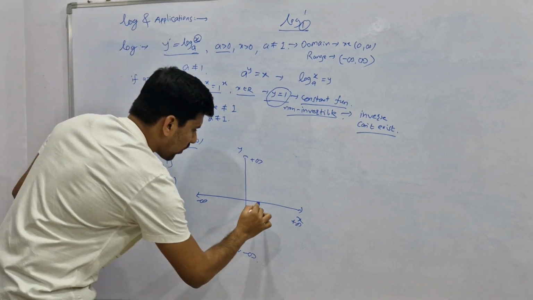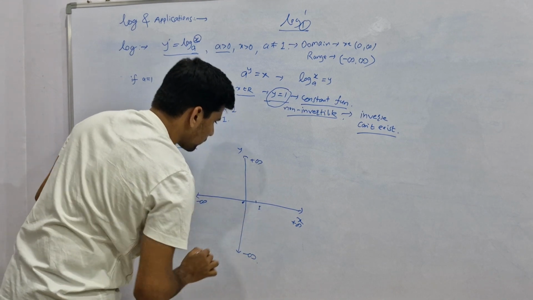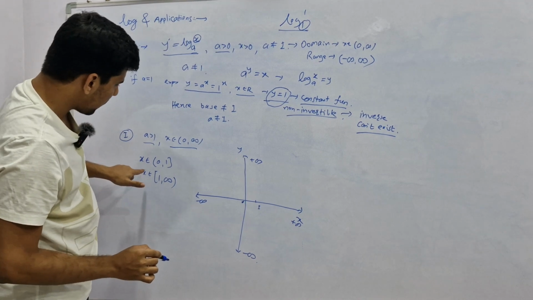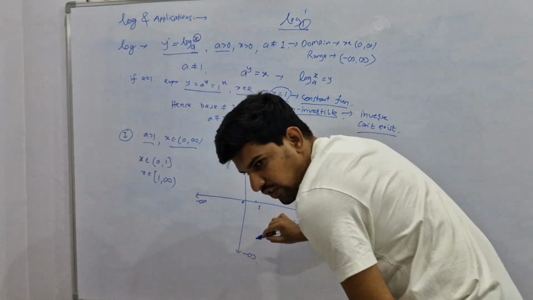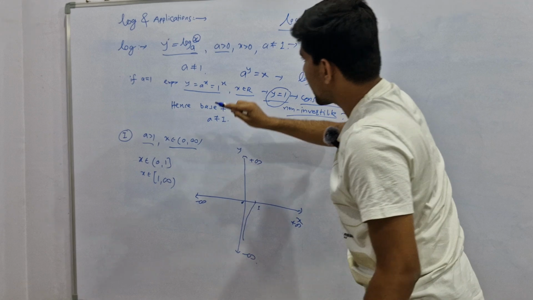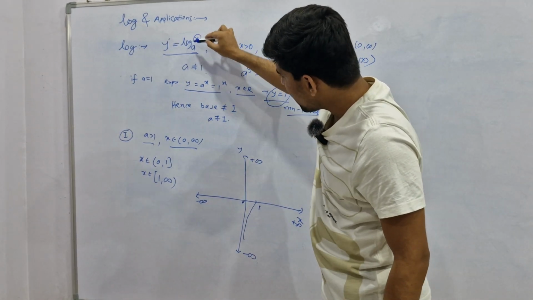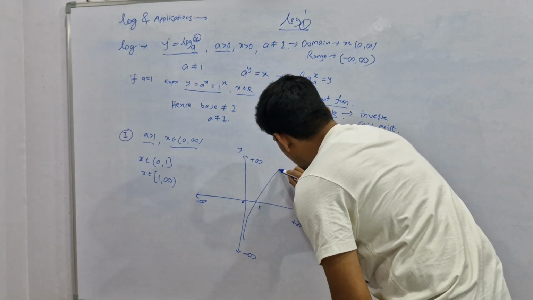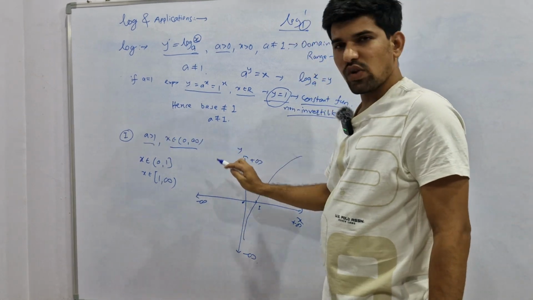So for x belongs to 0 to 1, y will be minus infinity to 0, so the graph will be like that. And for 1 to infinity, when x is 1, y will be 0, and when x is infinity, for a greater than 1, y will also be infinity. So the graph will be like that. This is the graph for a greater than 1, x belongs to 0 to infinity.